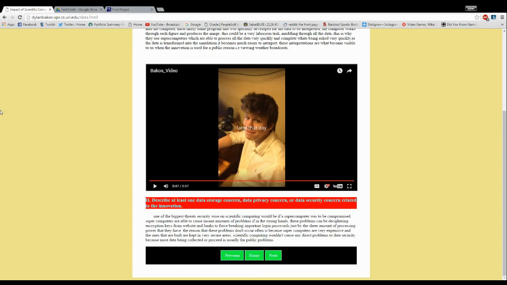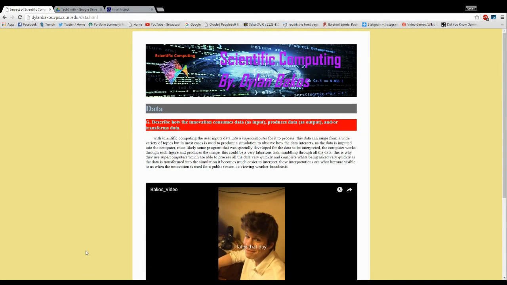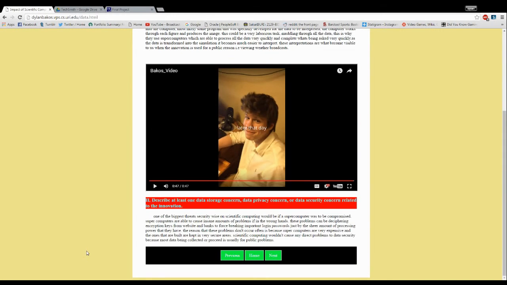The only way that some sort of security issue would occur is if one of those supercomputers that was used was taken control of somehow and then used for malintent, like decrypting or deciphering encryption keys and stuff like that, which wouldn't really have to do much with scientific computing, which is why there's not really any concerns that relate to it. It's more of a research and study kind of concept. But then we go on to the next page.